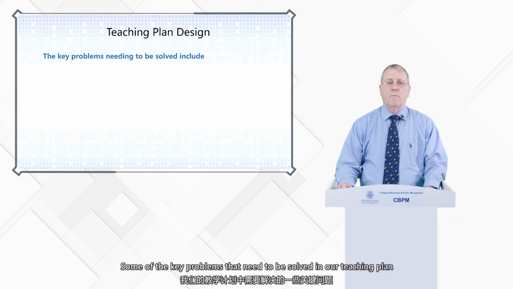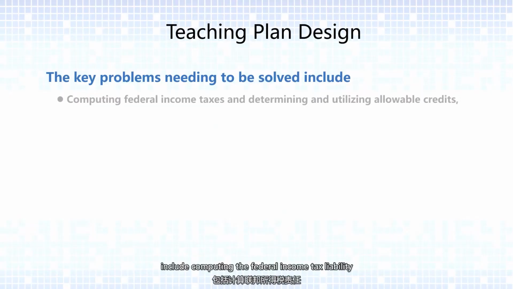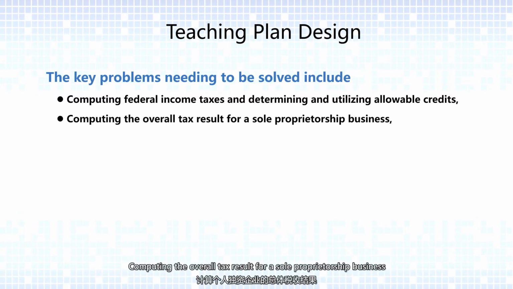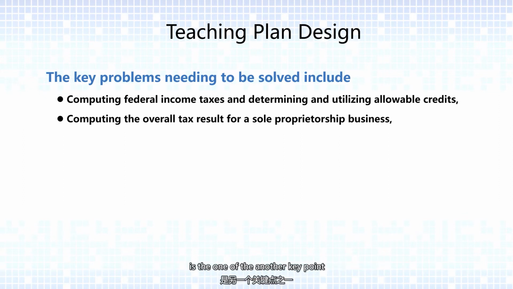Some of the key problems that need to be solved in our teaching plan include computing the federal income tax liability and determining and utilizing allowable credits that reduce the liability. Computing the overall tax result for a sole proprietorship business is another key point.